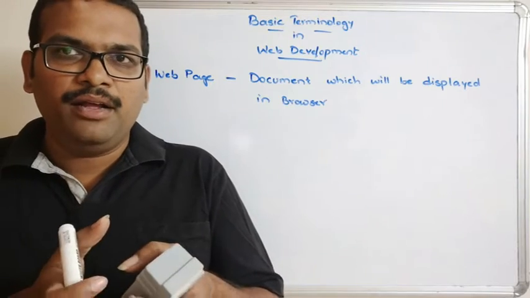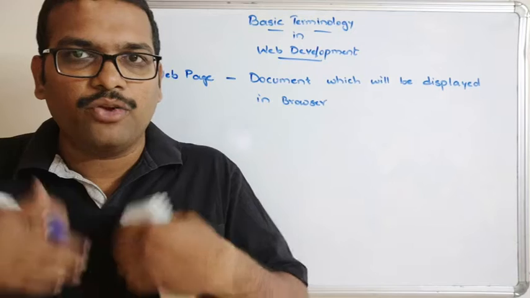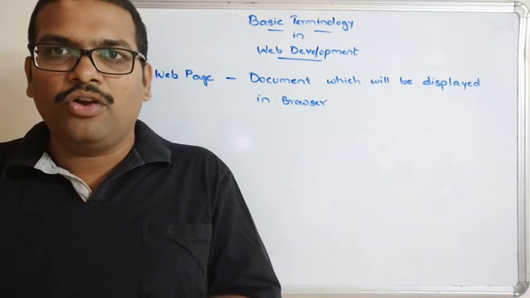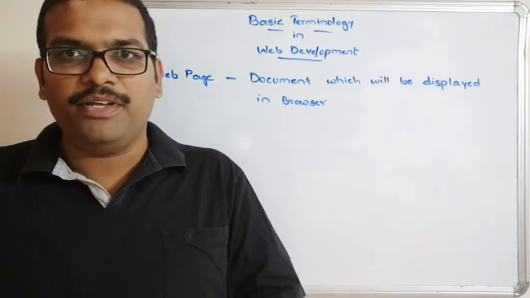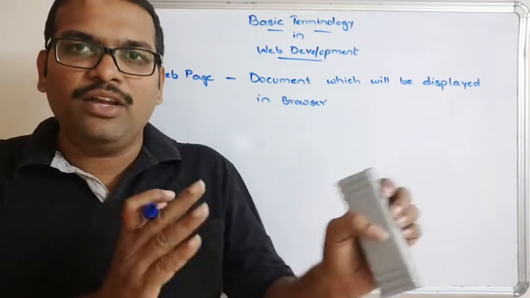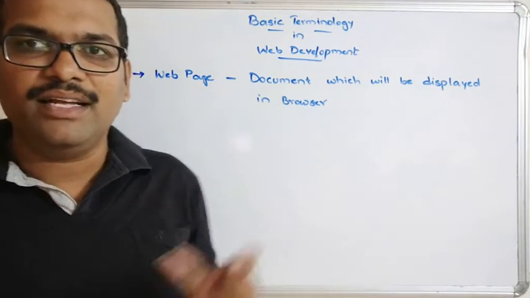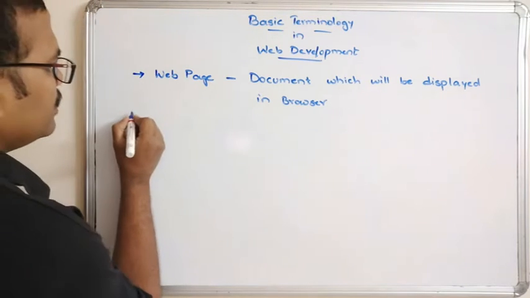If you open a website, that website will be opened through the browser itself. We are using some web browser in order to browse, that means to view, the web pages. So whatever document we are seeing on the browser, we call it a web page.